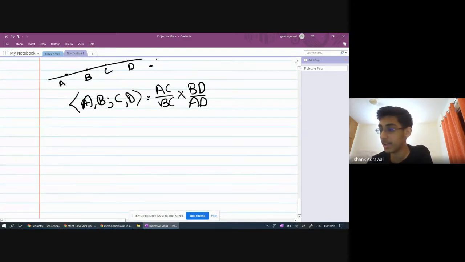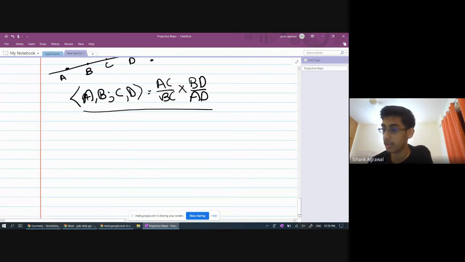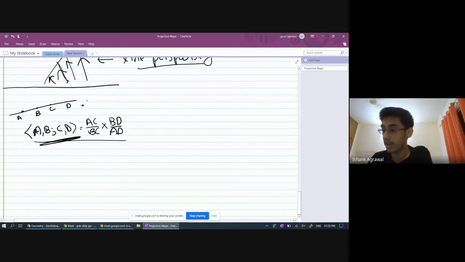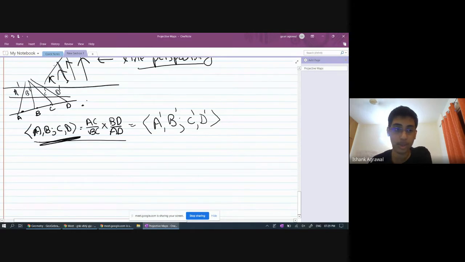And it turns out that this is such a useful property because when you take perspectivities, this thing remains constant. So whenever you take a perspectivity, this remains constant.